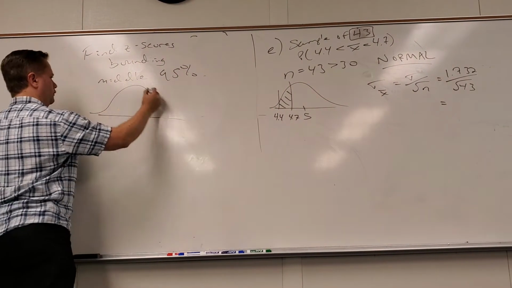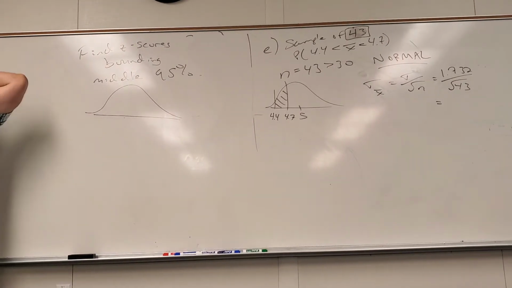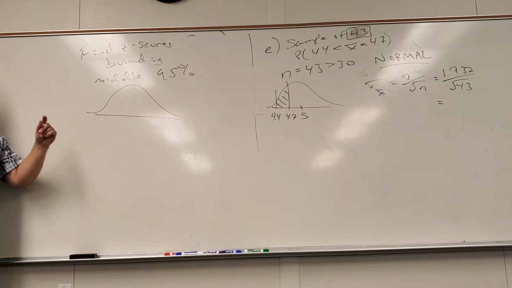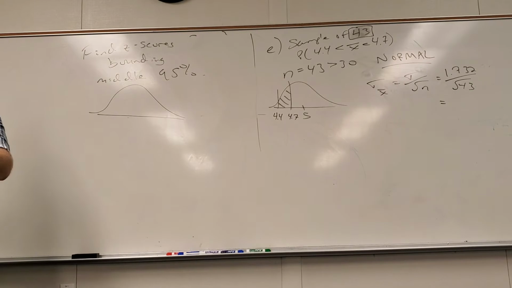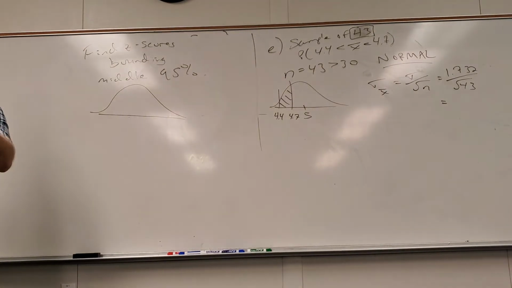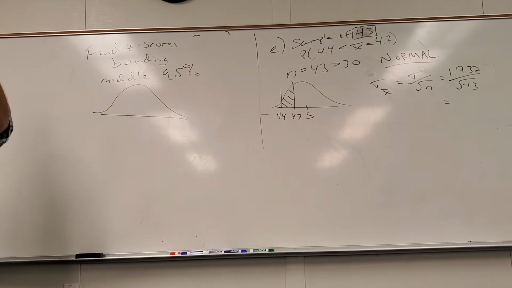So you got a normal curve. What do you think of bounding the middle 95%? So where is that 95%? There we go. There, right?